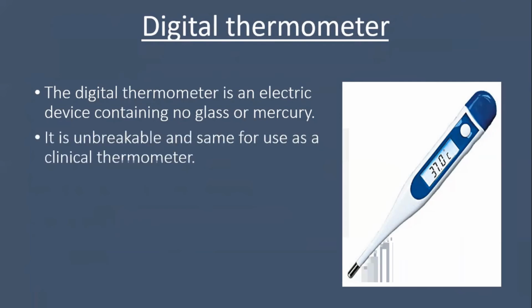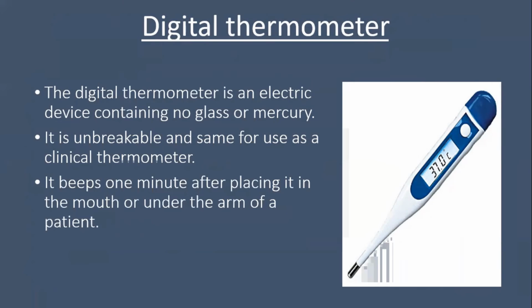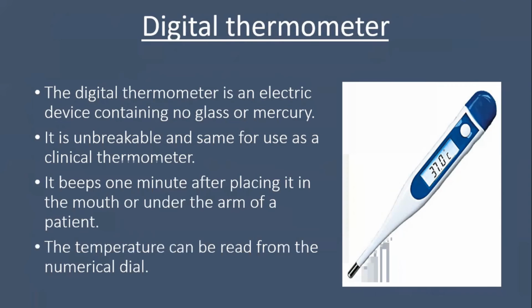It is unbreakable and safe for use as a clinical thermometer. It beeps 1 minute after placing it in the mouth or under the arm of a patient. The temperature can be read from the numerical display.